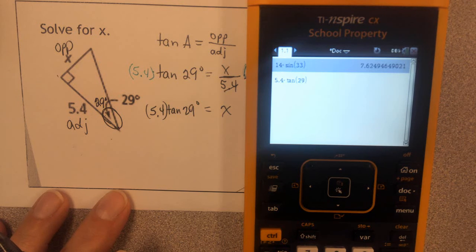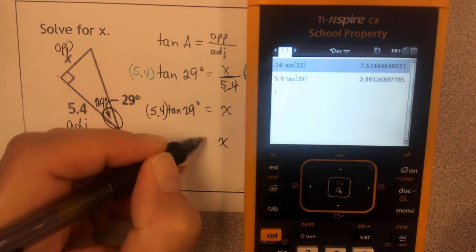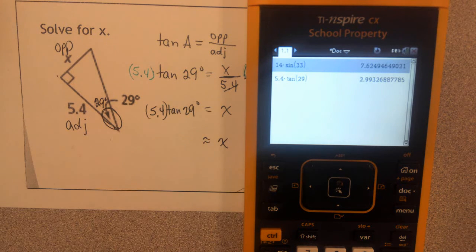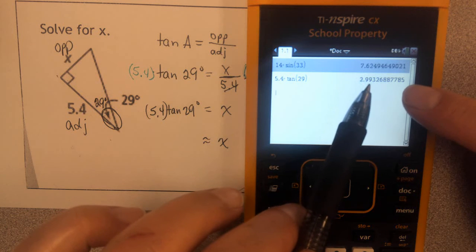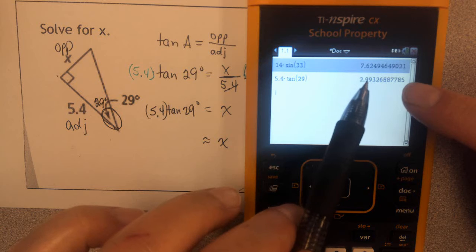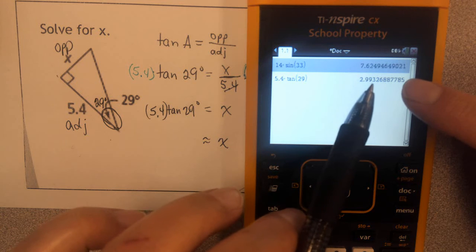Tangent 29. Again, we're all in degree mode. If we weren't in degree mode, we could put a degree symbol in to kind of cover for it. But since we're all in degree mode, we're good. Well, and then enter, we get about 2.99. If I round 2.99 to the nearest tenth, that means the first decimal place after the decimal, that 9, has a 9 following it.